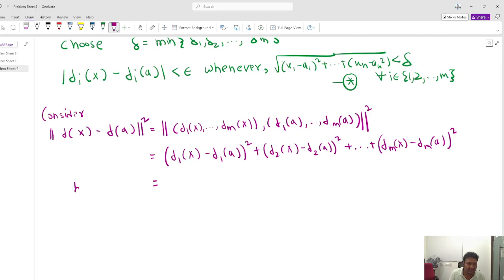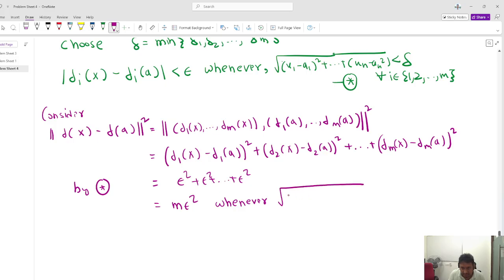Now you can use star, right? By star, this is less than epsilon square, m times, so this is m epsilon square, whenever the square root of x1 minus a1 whole square plus dot dot dot xn minus an whole square is less than delta.